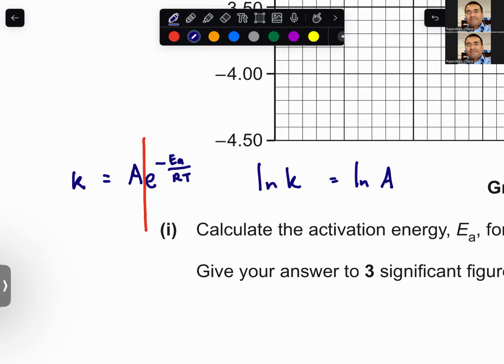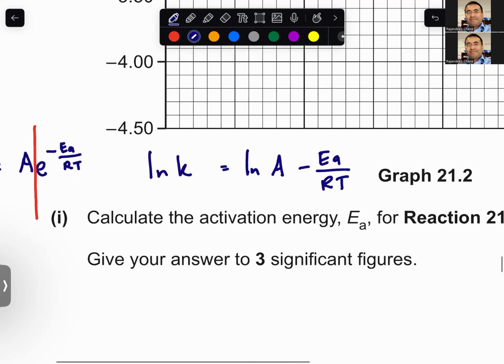It's an inverse of it. So the minus EA over RT comes down. So that's minus EA over RT. That's what you've got. And you see, you know the equation y equals mx plus c?